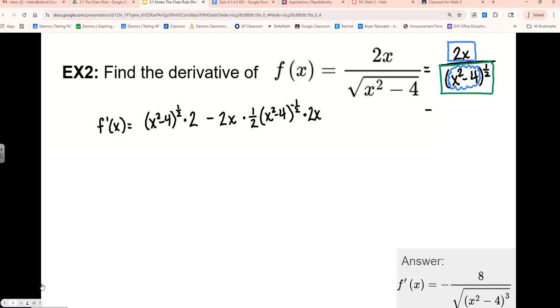And then that is all over the denominator, x squared minus 4 to the 1/2 power squared.